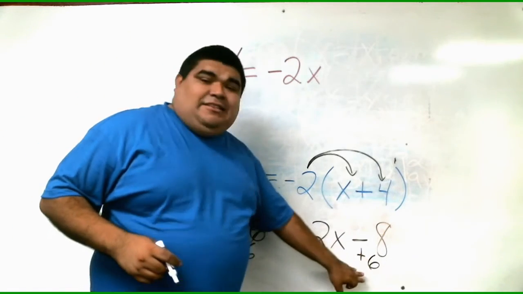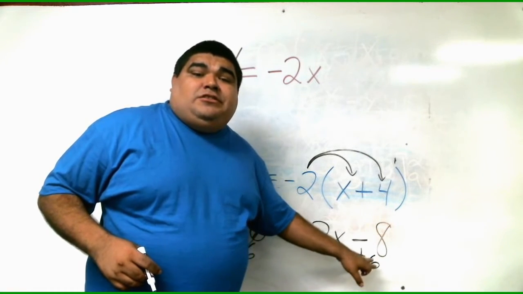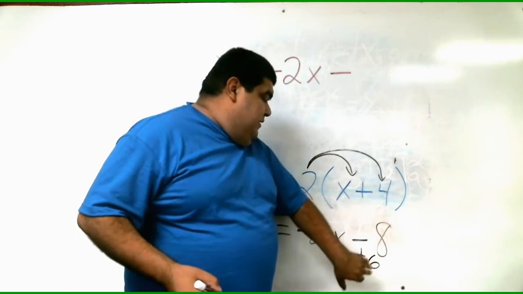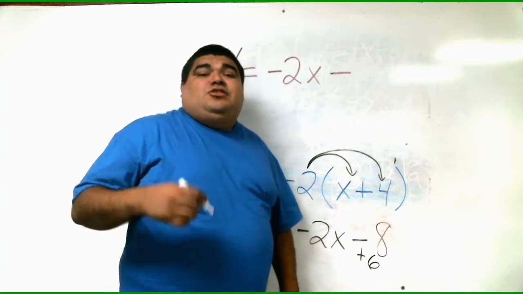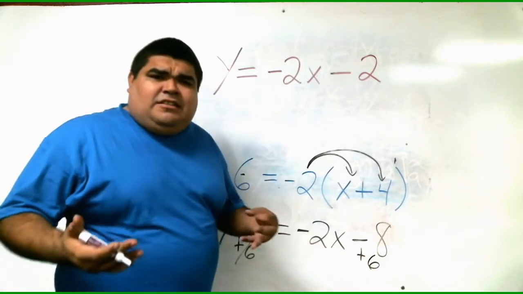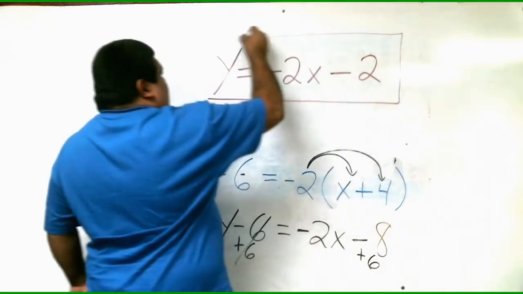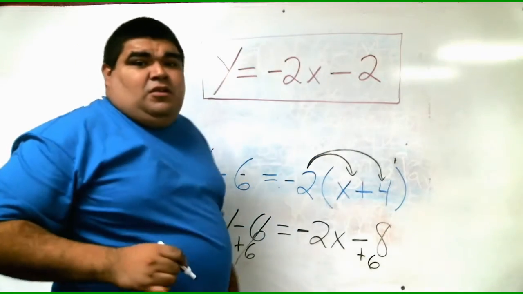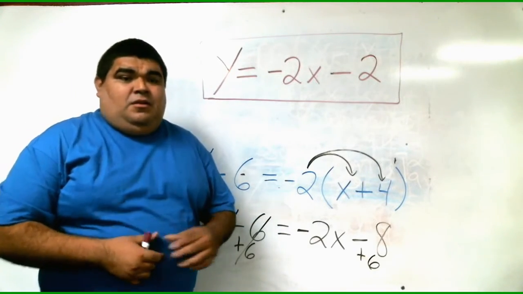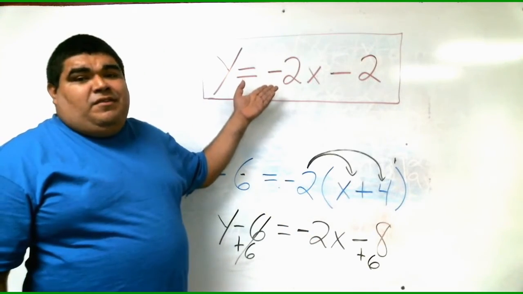Now we have negative 8 plus 6. Notice that the negative is bigger than the positive, so your answer is always going to be negative. But we have 8 minus 6, which is 2, right? So negative 2. Doesn't this kind of equation look familiar? It does, right? We covered it last class. It's called slope-intercept form. Okay? So we are done with the problem. We arrived to where we wanted to arrive.